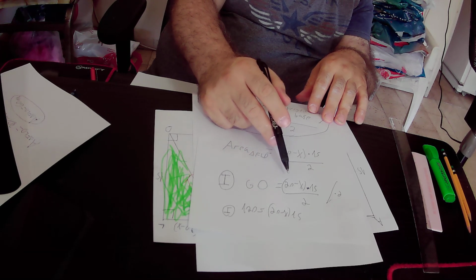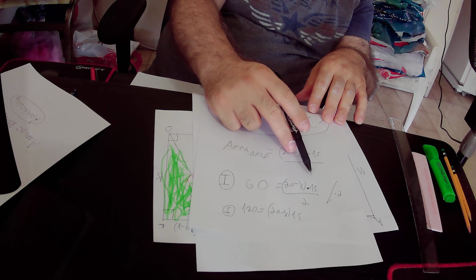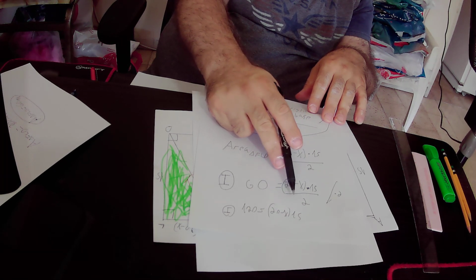Here we got that 20 minus x times 15 times 2 divided by 2 equals 20 minus x times 15.